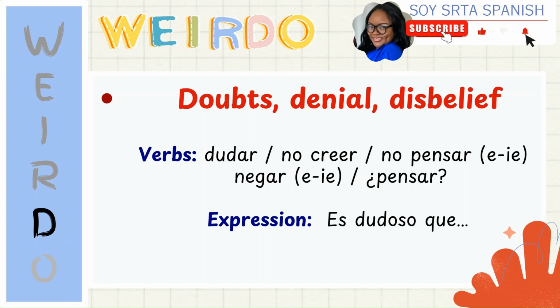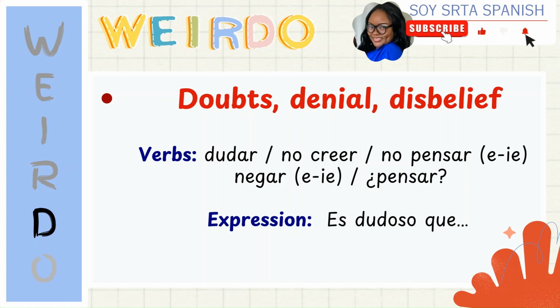Our verbs in focus here are dudar, which of course means to doubt. Yo dudo que, I doubt that. No creer, to not believe. No creo que, I don't believe. Let's move on to no pensar, I don't think that. If you don't think that something is happening, that's also disbelief. And so that can also work here with this function.